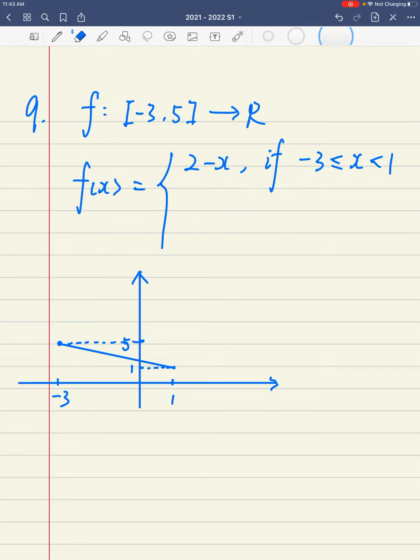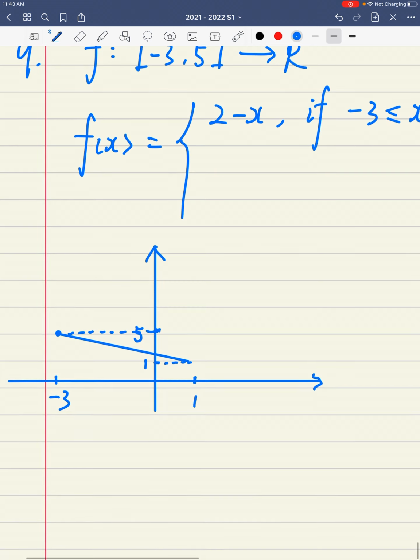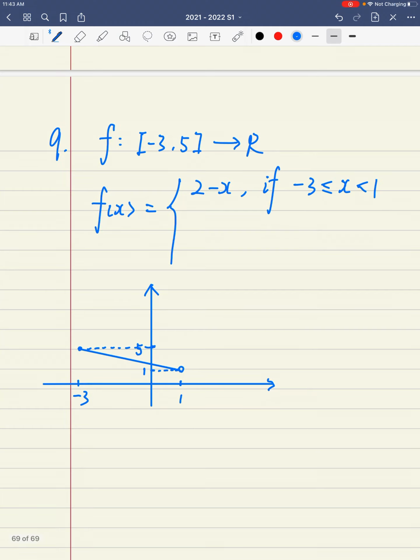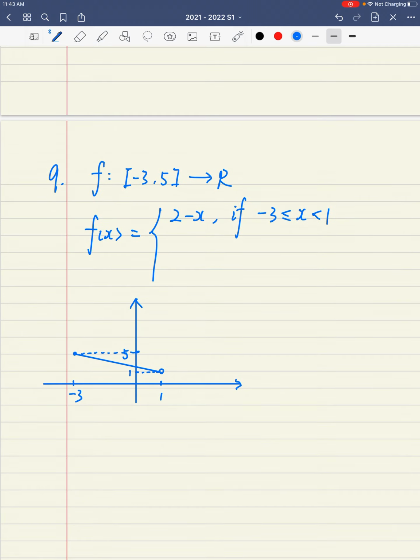So here we can't use a dot; we have to put a small hollow circle here, meaning that when x is exactly 1, that point is not on this line. That's the meaning of this.